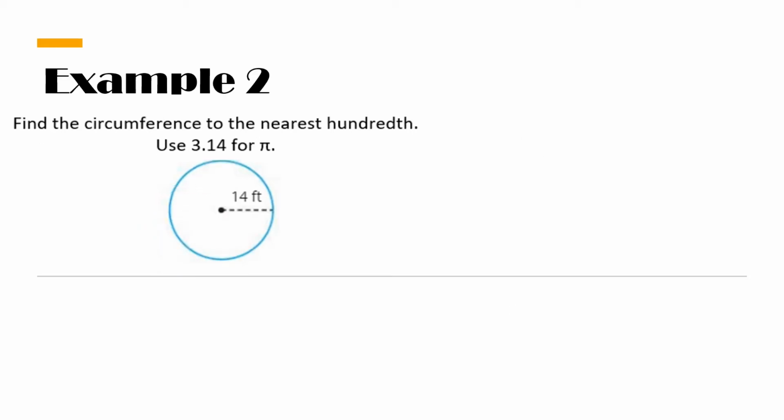Okay, so for example 2, once again, we're asked to find the circumference to the nearest hundredth. However, if you take a look at this example, we are not given the diameter, we are given a radius. So I'm now going to use a different formula. I'm going to switch from c equals pi times d to c equals 2 pi r.